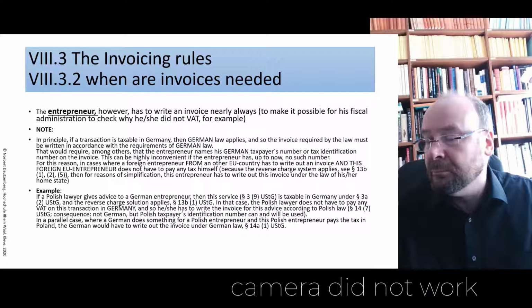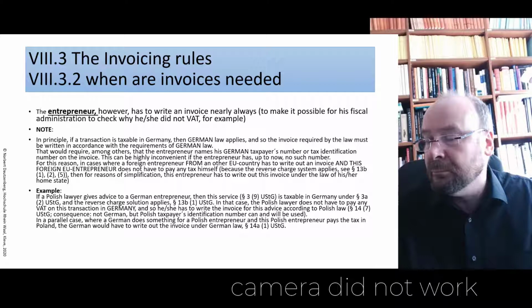Then naturally all the German rules apply to the case and not the Dutch ones. That also implies that for writing out the invoice, the Dutch entrepreneur has to follow German rules. And now German rules especially require that you name your name, your address, and your taxpayer's identification number on the invoice.